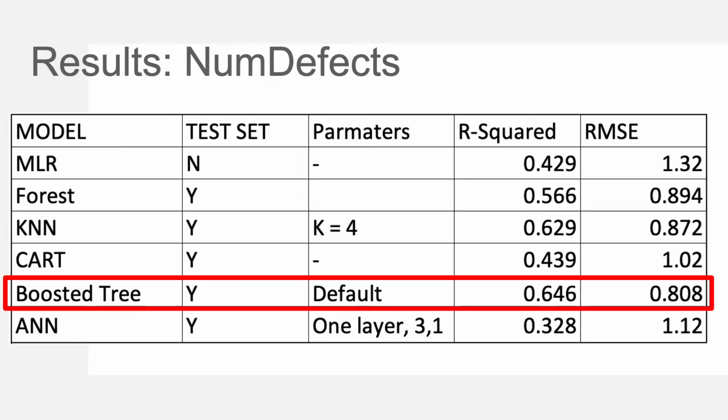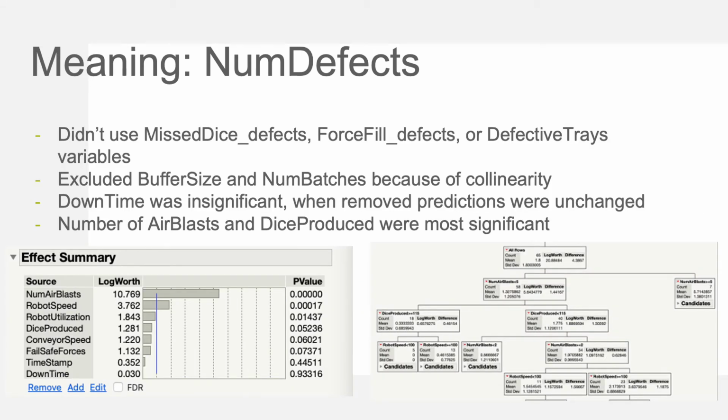These are the results for the number of defects. So again, we tested a lot of different models and we found that boosted tree was the best algorithm for detecting how many defects there would be. We didn't use missed dice defects, force fill defects, or defective trays because those are used to calculate the total number of defects.